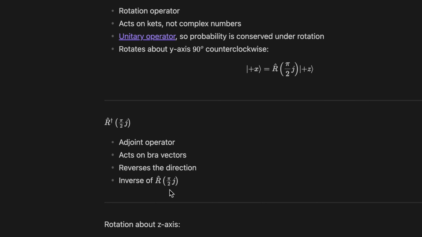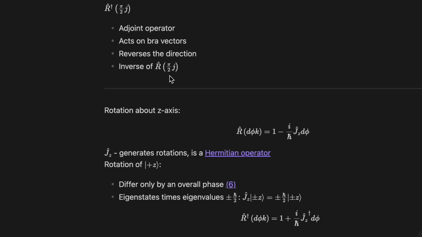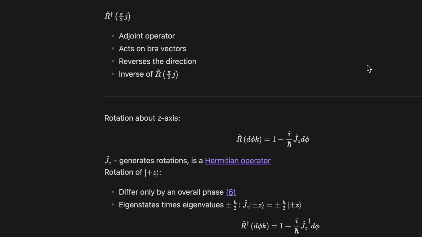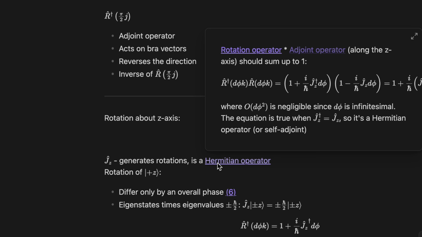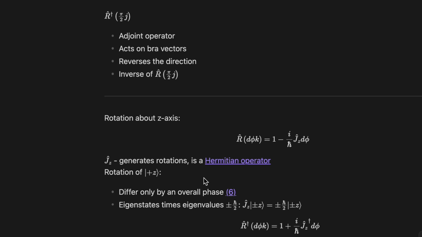Let's look at an example of rotation about the z-axis. Consider an infinitesimal rotation about the z-axis. We can represent it this way. Here, J hat is the operator that generates rotations, and it is a Hermitian operator, which means that it equals its adjoint. So let's see what happens when we apply the rotation operator to the plus z spin state, and remember that the rotation is about the z-axis.